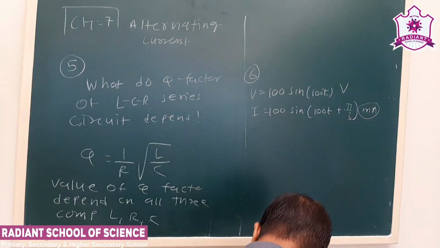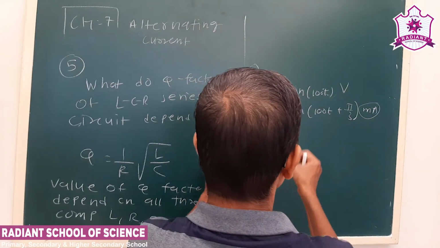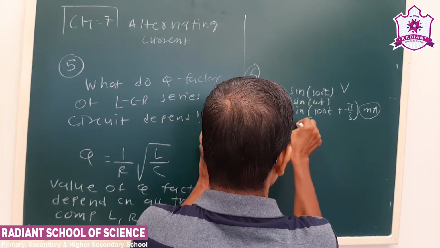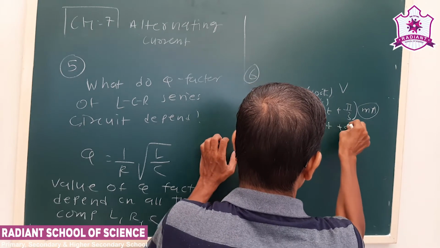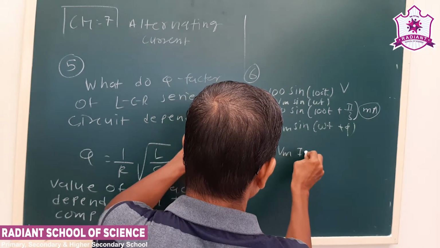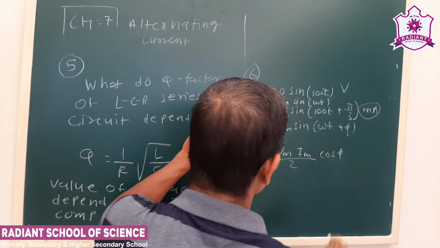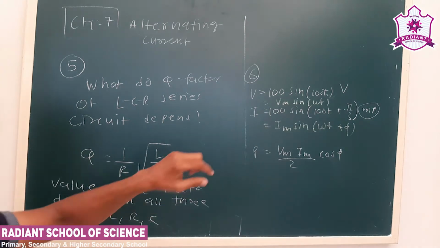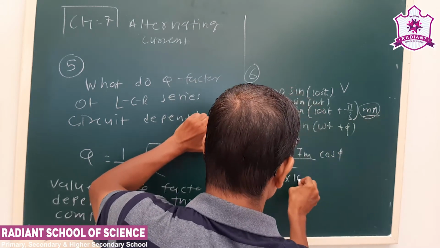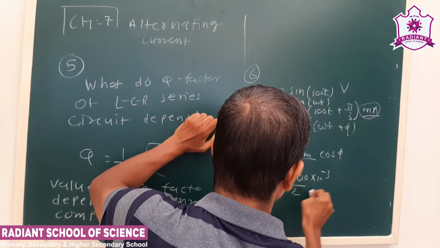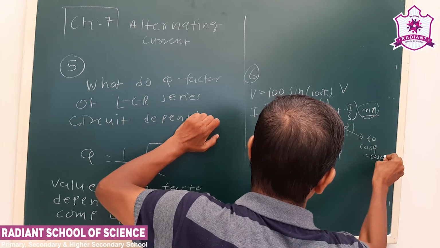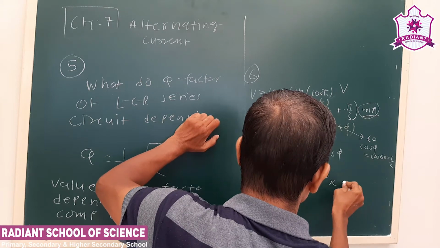Now see, if I compare with the equations Vm sin omega t and Im sin(omega t plus phi), the power in the circuit is Vm Im by 2 cos phi. That is the equation. Vm is 100, Im is also 100 but in milliampere, phi is 60, cos 60 is 1 by 2.